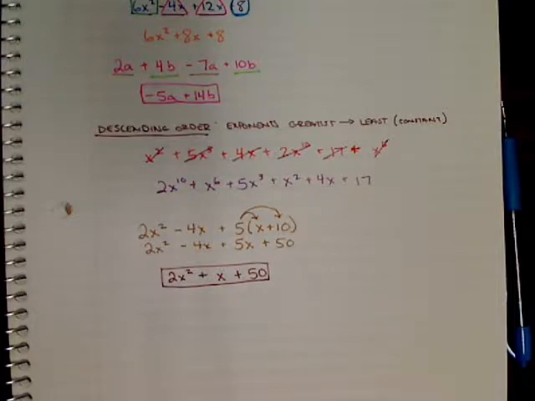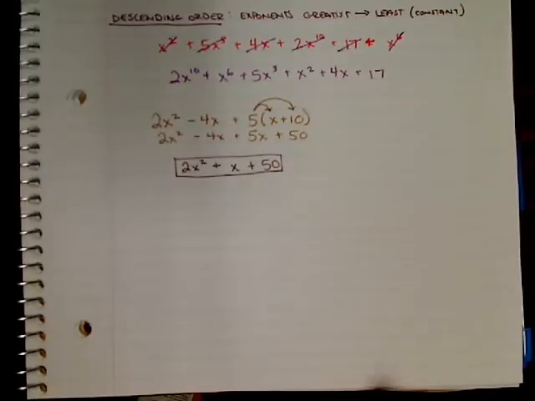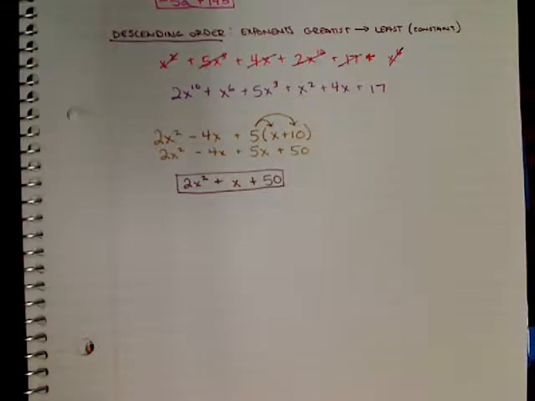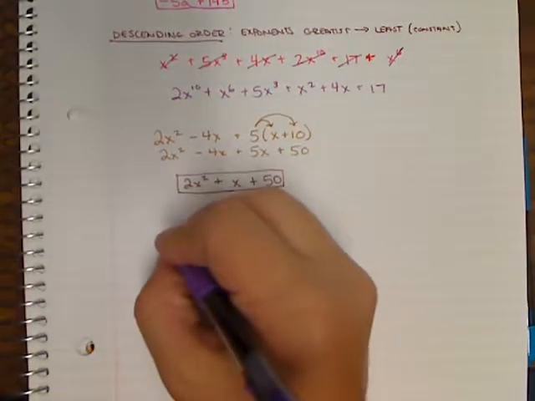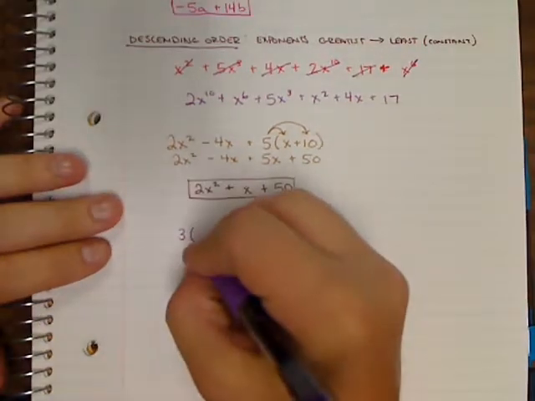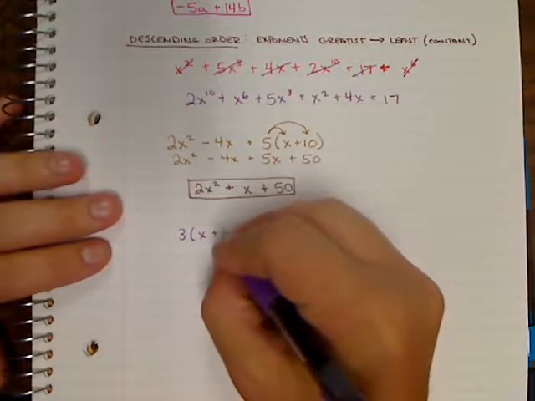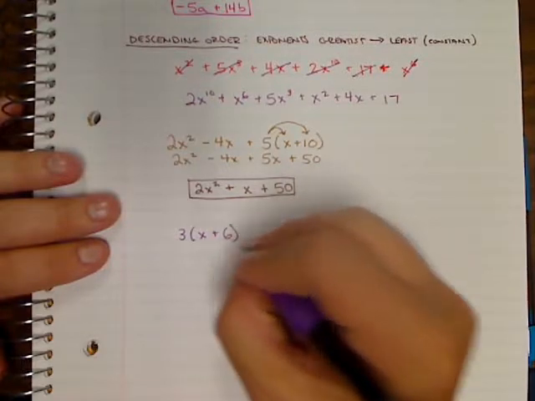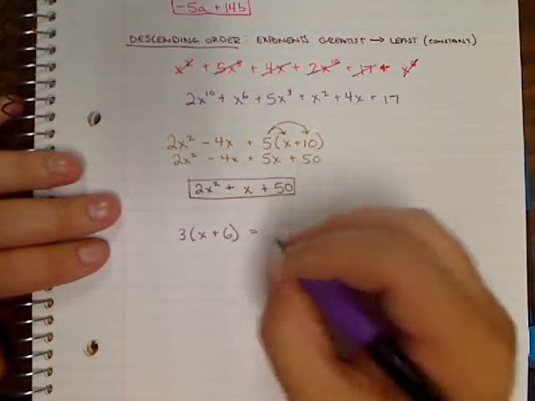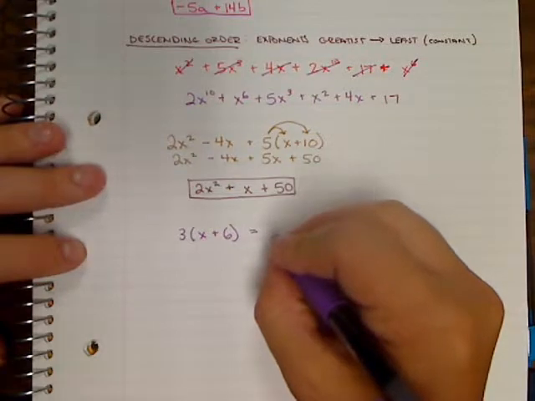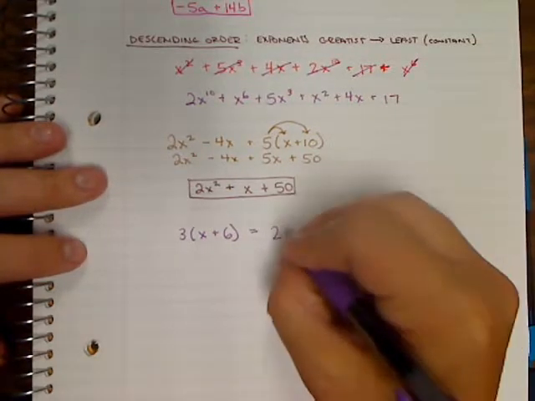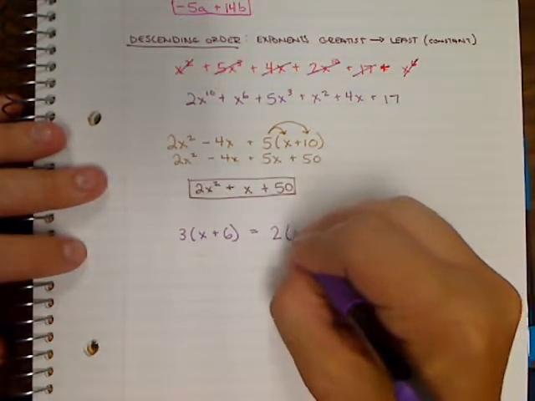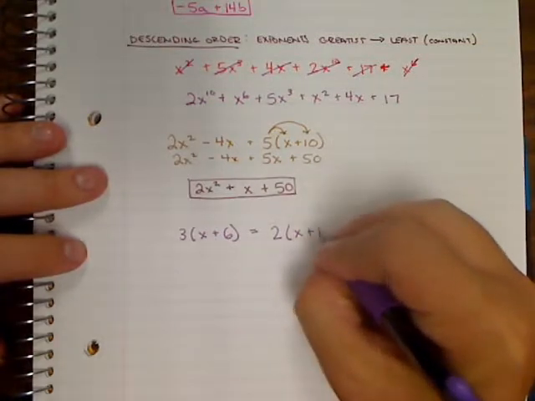If I was looking at this as a basic solving equation, everything still works exactly the same. So for example, let's go with like 3 times x plus 6 equals, I don't know, 2 times x plus 10.